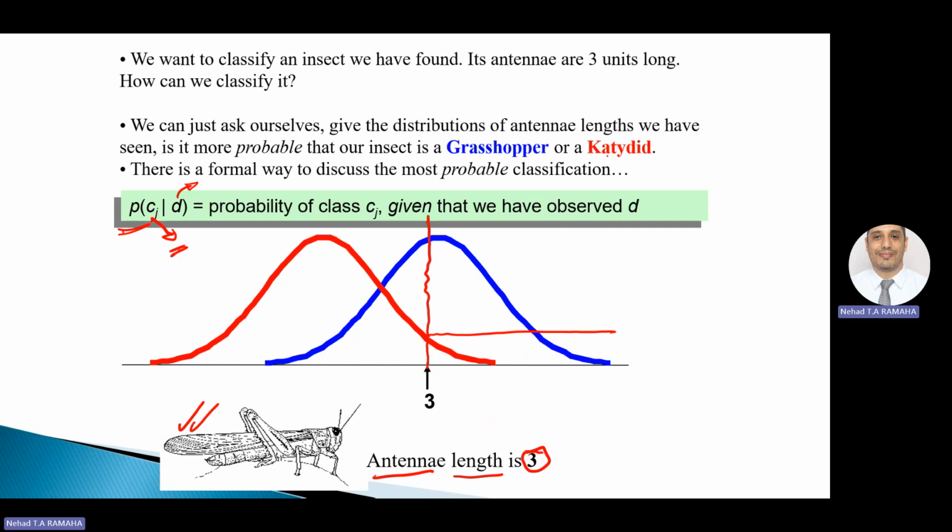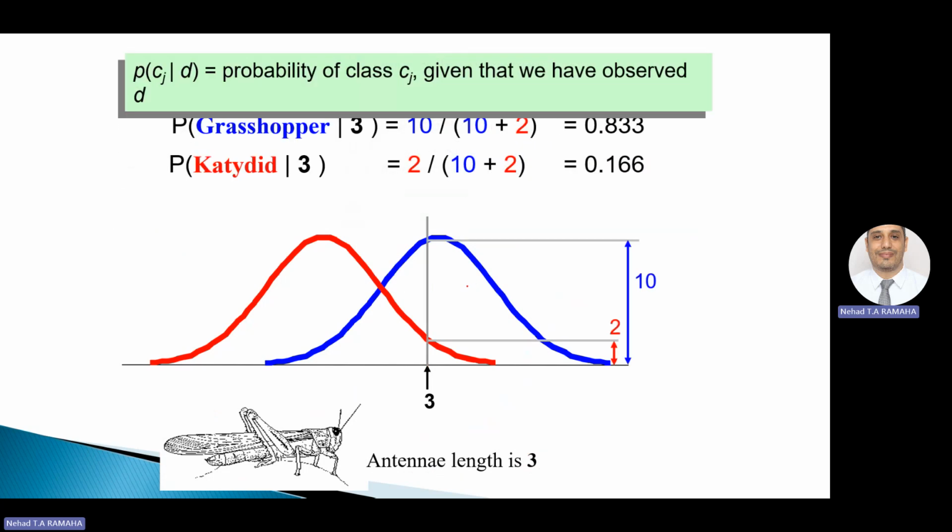You remember the red is katydid, and the blue is grasshopper. And this is the number of grasshopper for 3 antennas. So I think the numbers are 2 and 10.